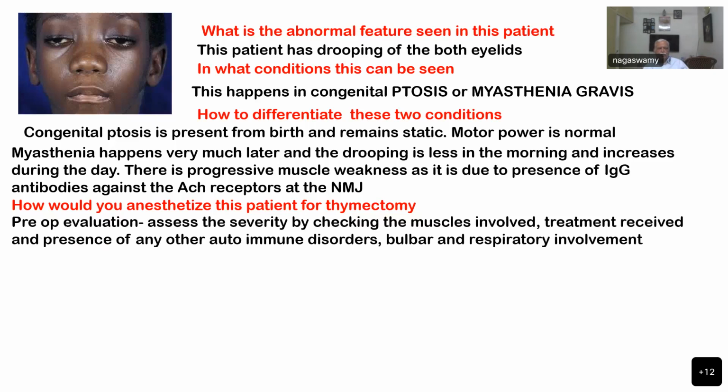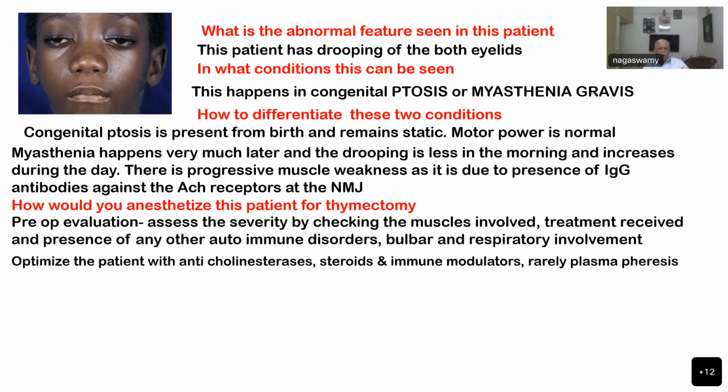Pre-op evaluation. Assess the severity by checking the muscles involved, the treatment received, the presence of any other autoimmune disorders, and whether there is any bulbar or respiratory muscle involvement. This is the first pre-op check you have to do. Then optimize the patient with anticholinesterase drugs like pyridostigmine, neostigmine, and they may sometimes be given steroids also because this is an autoimmune disorder.